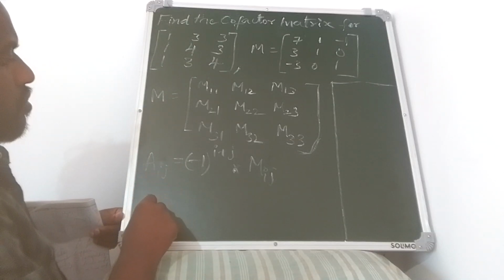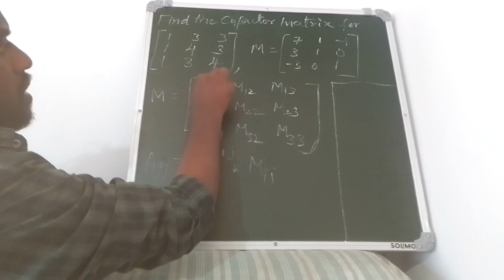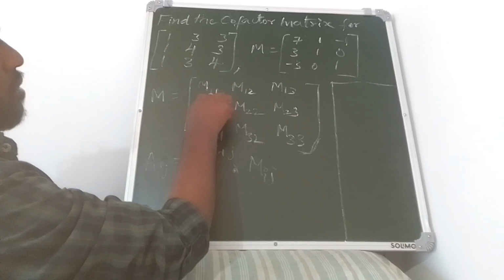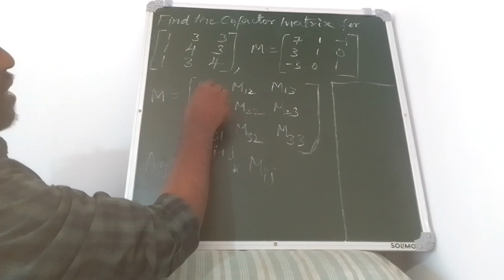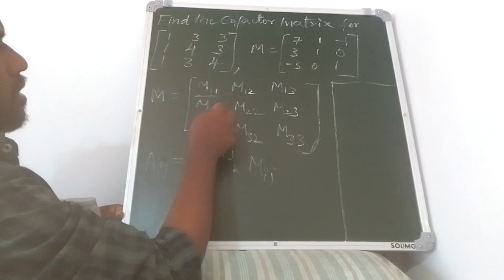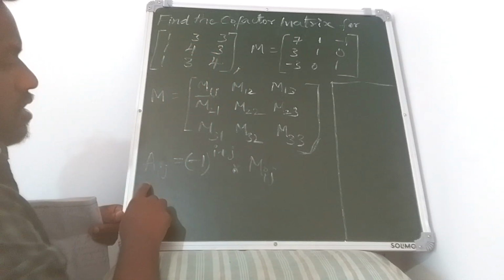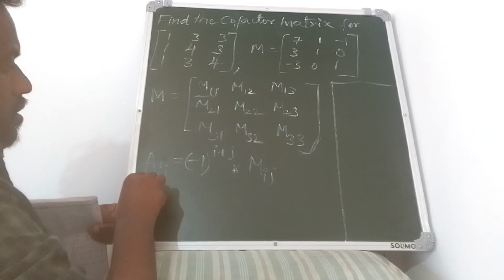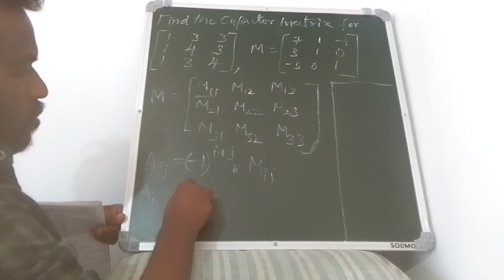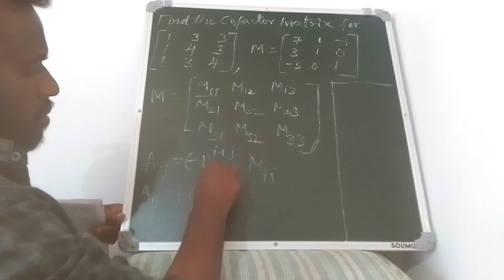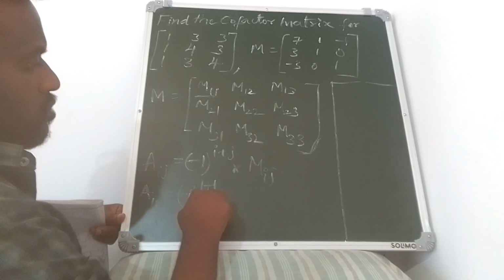Now, first I will take this one. Here 11 is there. 11 means i is equal to 1, j is equal to 1. So I am considering this first element. i is equal to 1, j is equal to 1. Substitute the i and j values. So A11 is equal to minus 1 to the power of 1 plus 1, because i is 1, j is 1, into M11.